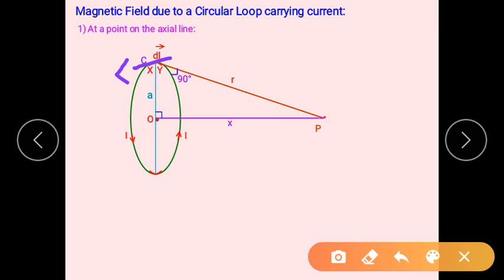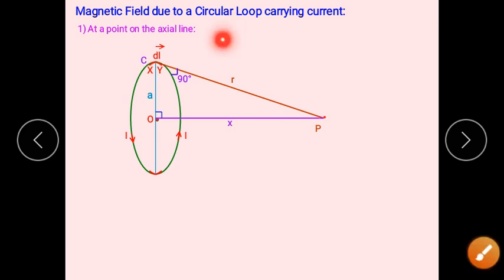It is out of the plane now. Therefore the angle between dl, which is out of the plane, and the distance r, which is in xy plane, will be 90 degree. That is shown there. The angle between vector dl and r will be 90 degree.